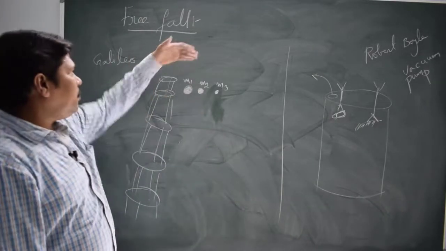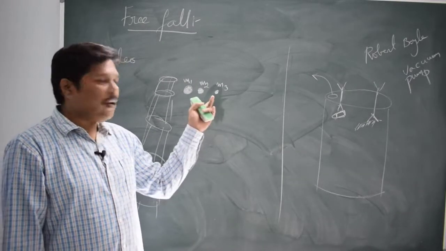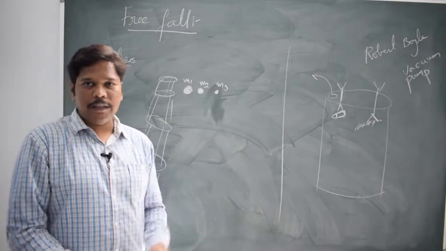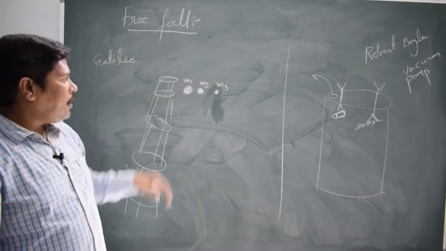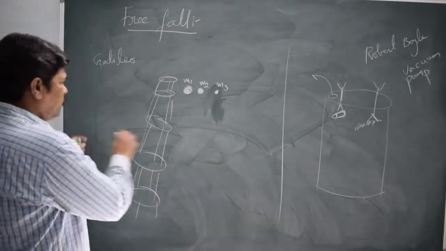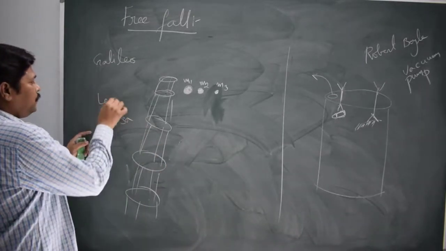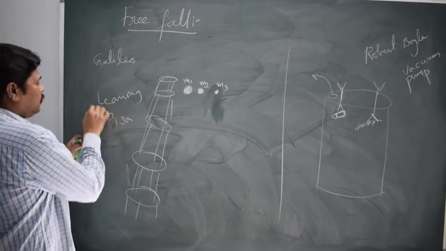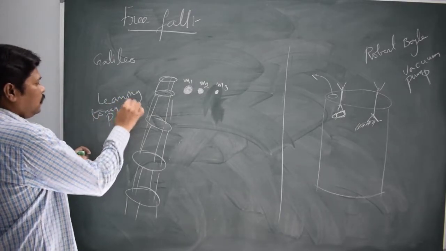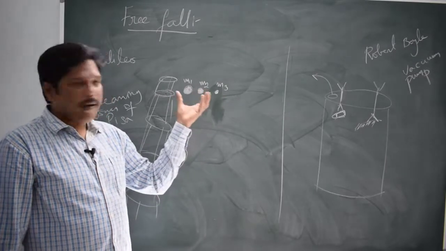In order to prove that all the objects which are in free fall experience the same acceleration and reach at the same time, Galileo Galilei went to the top of the Leaning Tower of Pisa. So this is the Leaning Tower of Pisa. He dropped all three balls or metallic spheres.